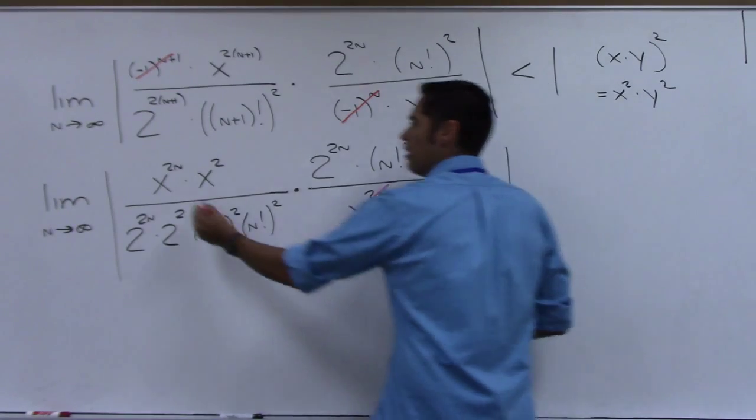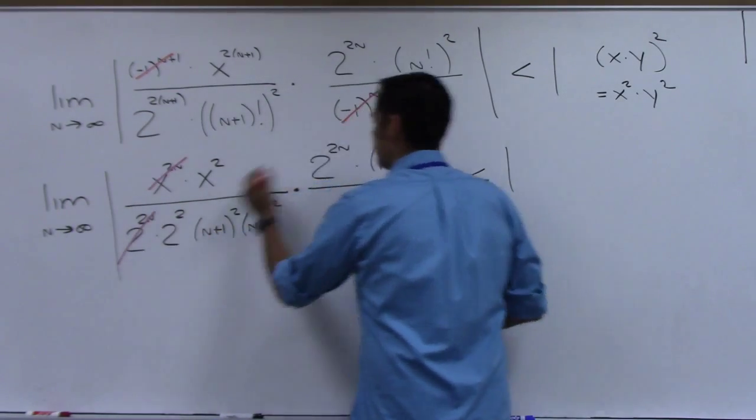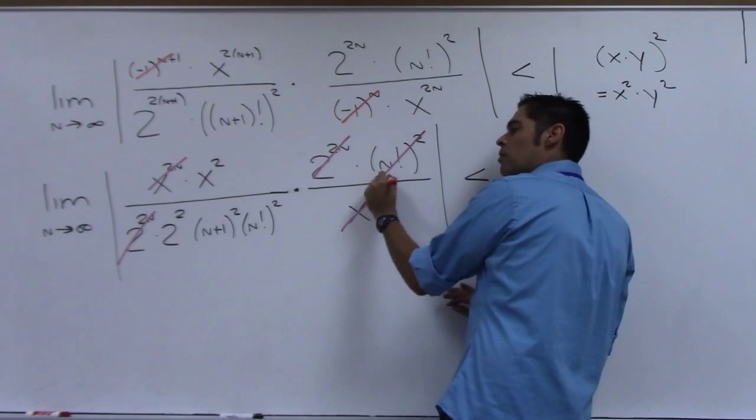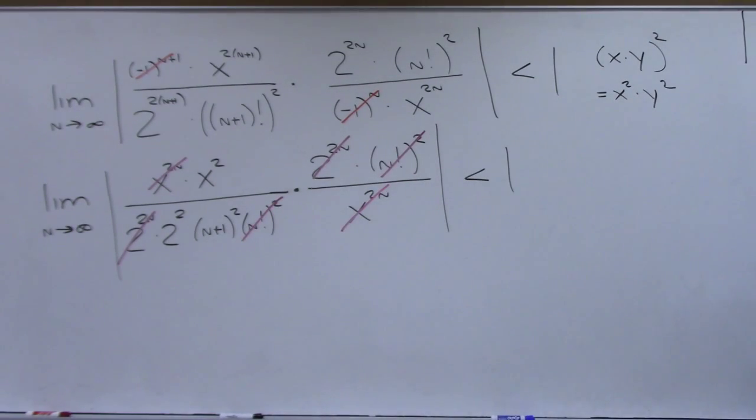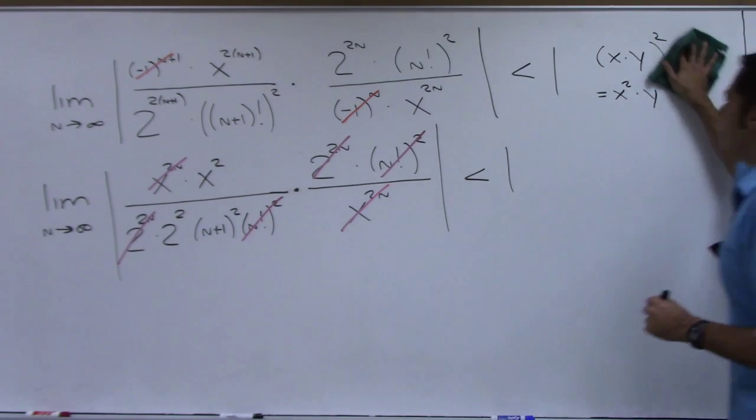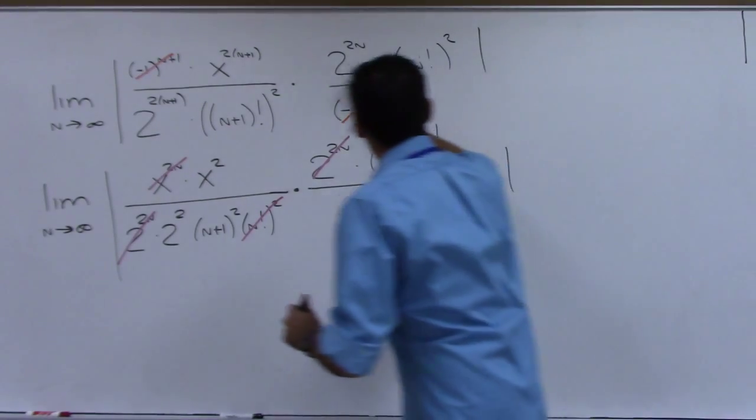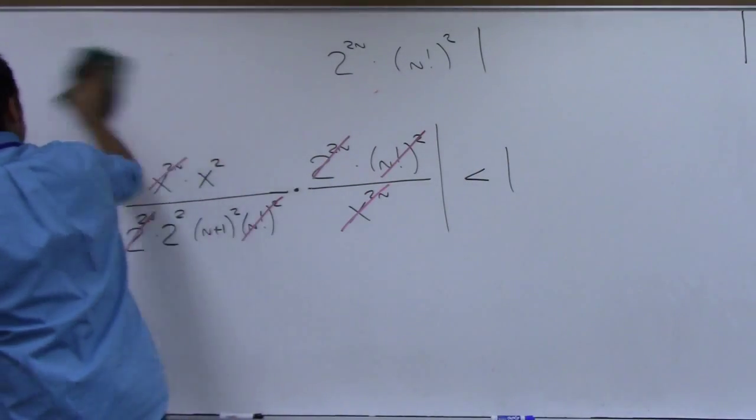All right, this is gone. 2 to the 2n's gone. n factorial squared is gone. That's pretty good cleaning up right there, right? I'm pretty happy with that. So now I'm going to collect everything that has n together and everything that has x together.